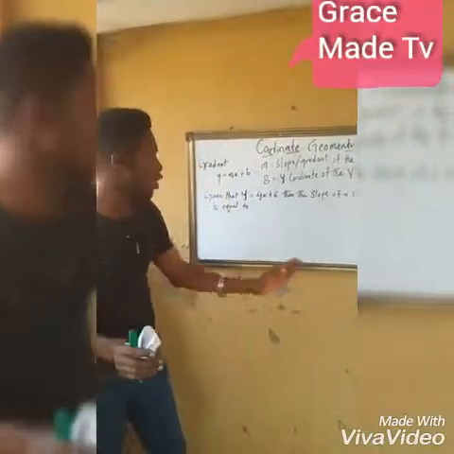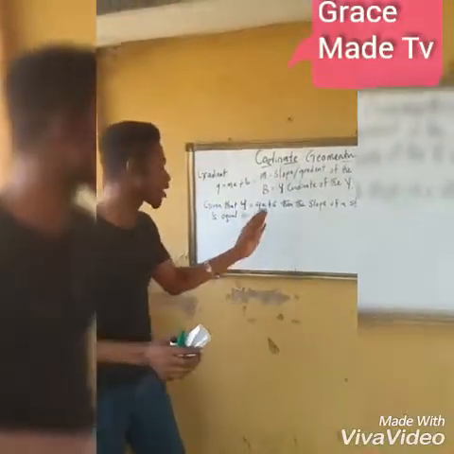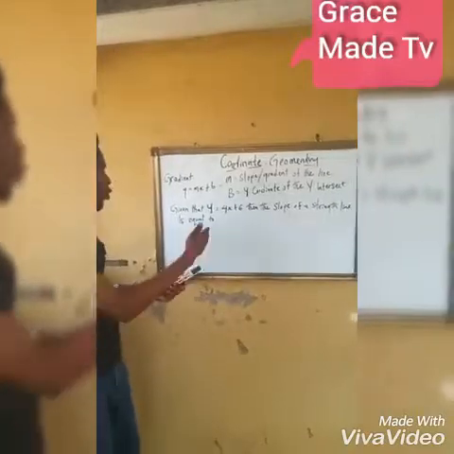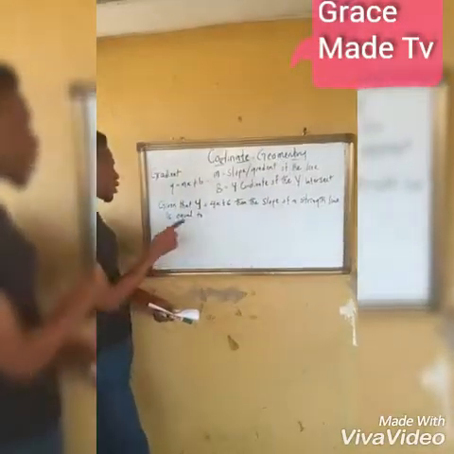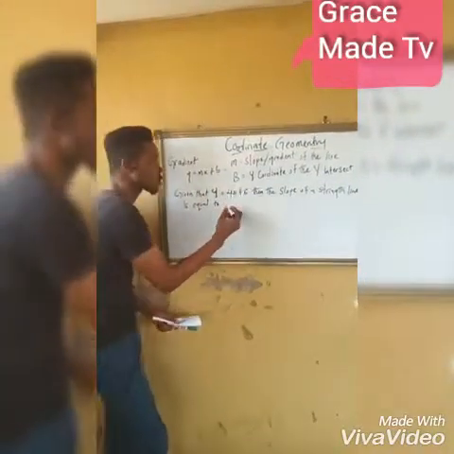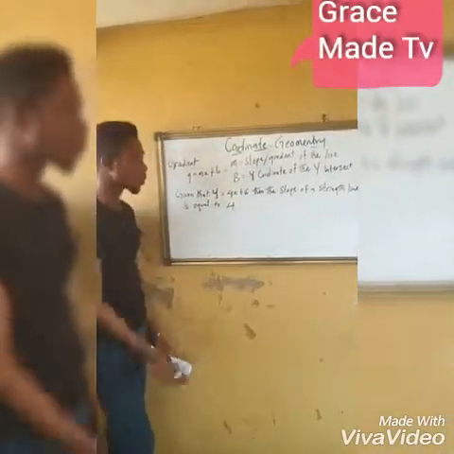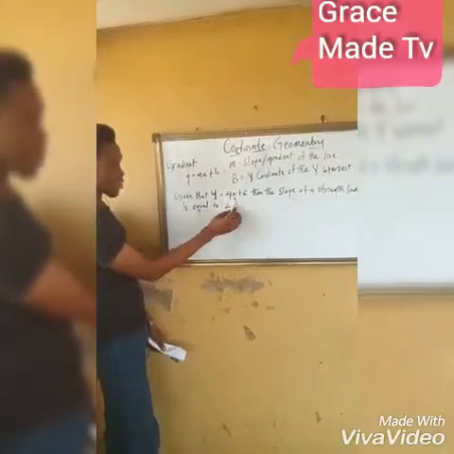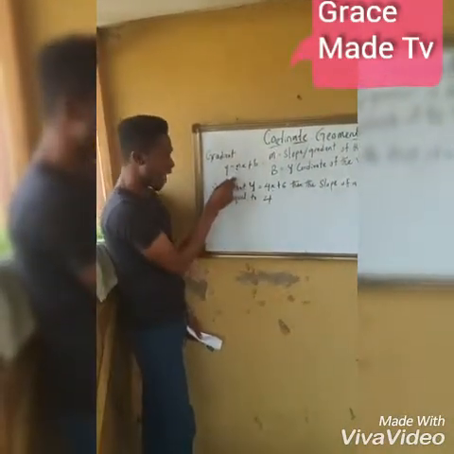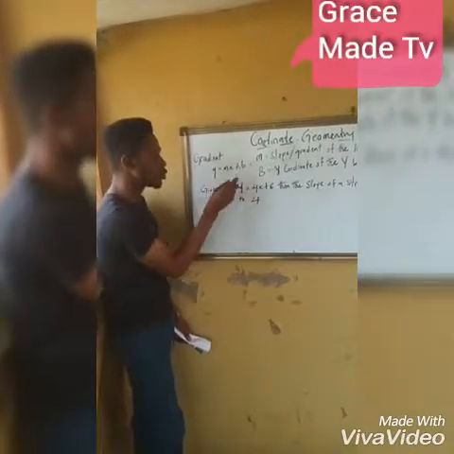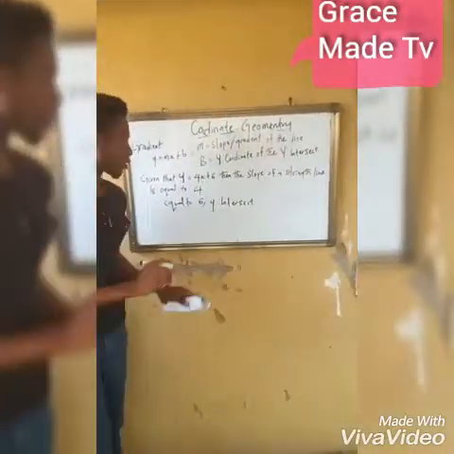Just identify your slope or gradient and your intercept. Therefore, the slope of the straight line is equal to 4, because the 4 in 4x is our gradient, just like the m in mx is our slope or gradient. So that is it.